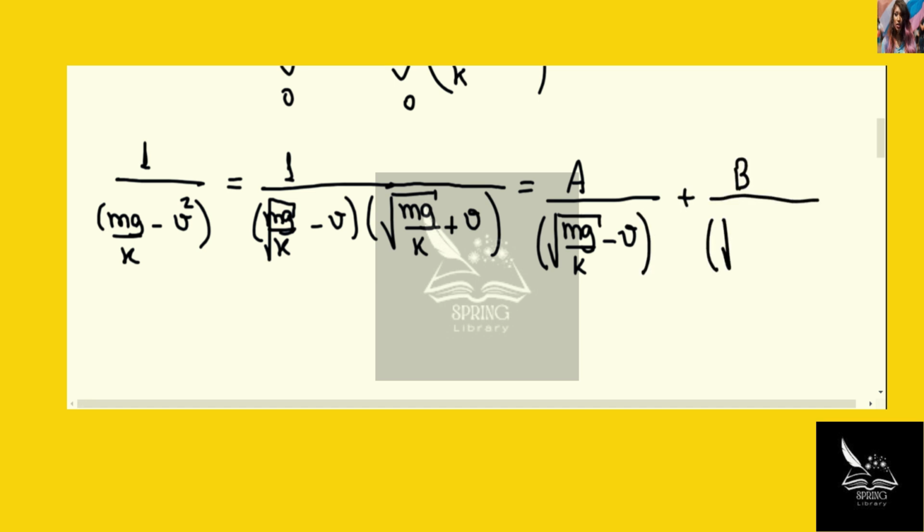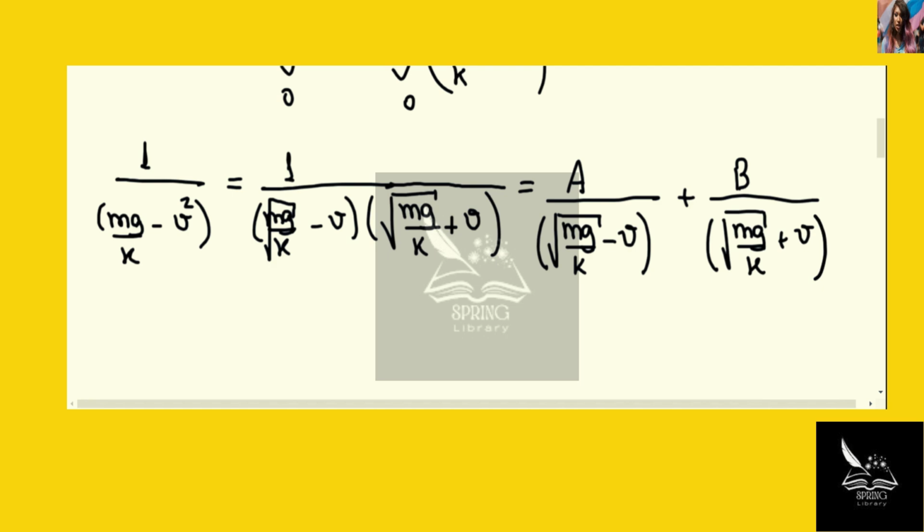Okay, and I'm going to try to write it as a divided by the square root of mg over k minus v plus b divided by the square root of mg over k plus v.